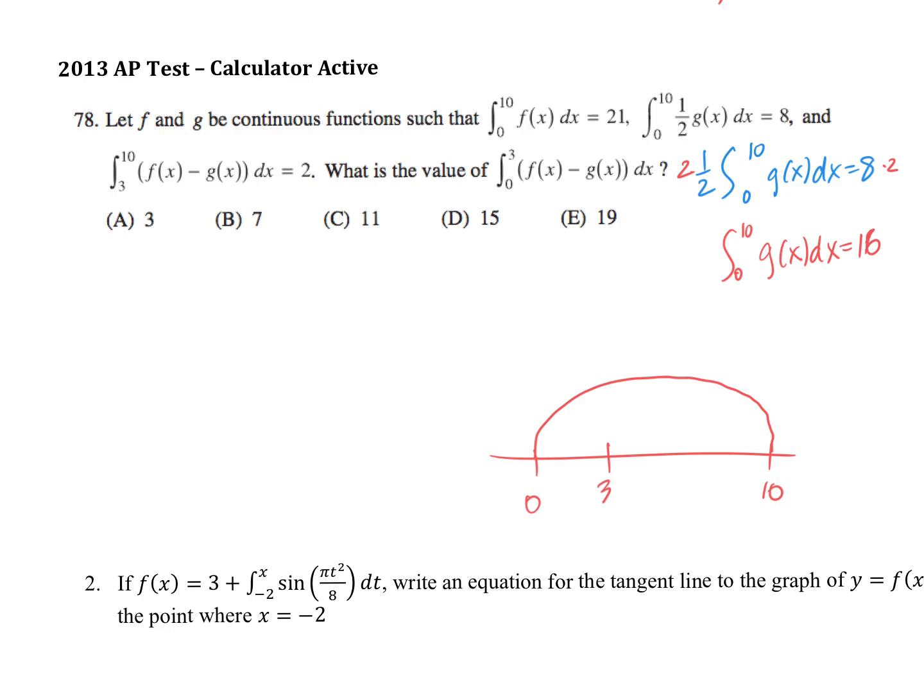They gave us 3 to 10 stuff. So think big picture. How would I get from 0 to 3? We want to subtract, right? We want 0 to 10 minus 3 to 10. That's going to leave us with 0 to 3.